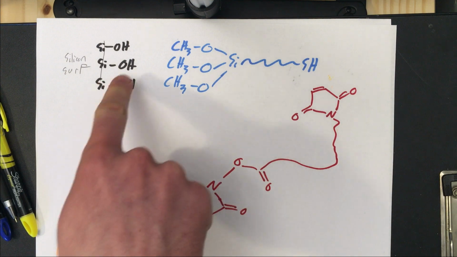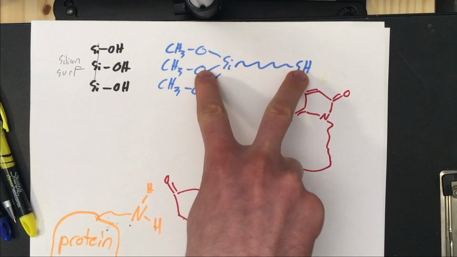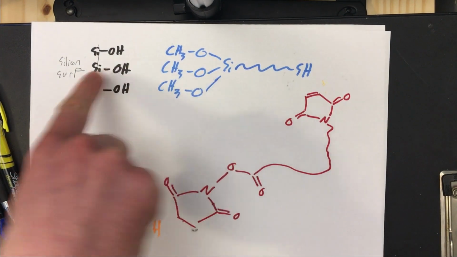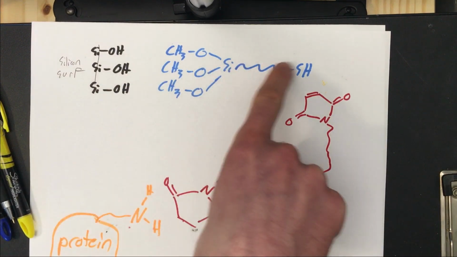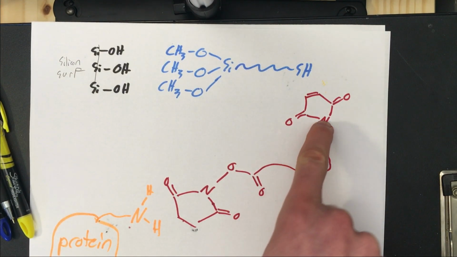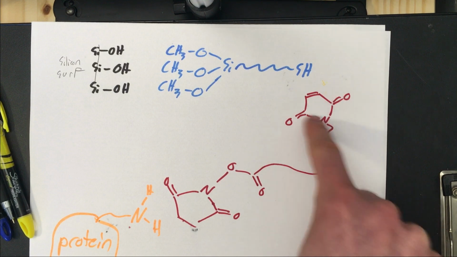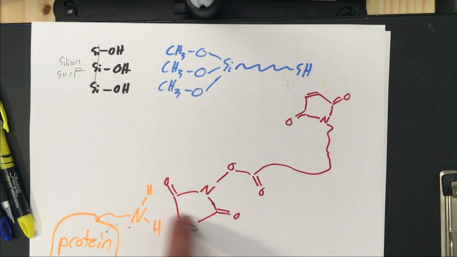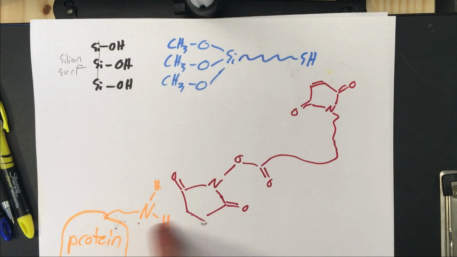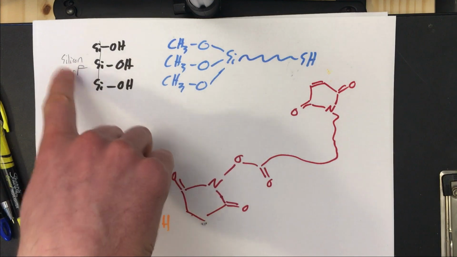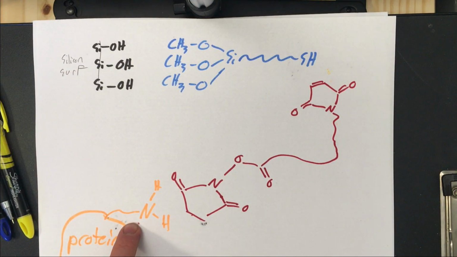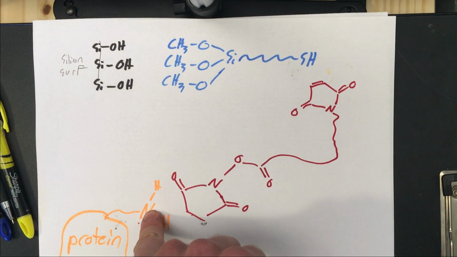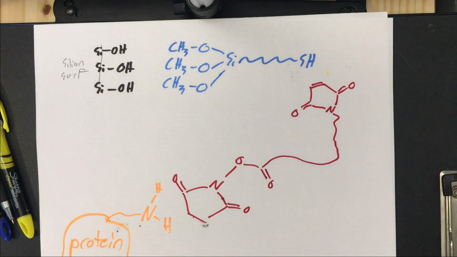So I could basically have my silicon surface, and I could put this molecule in blue on it, where one of the functional groups reacts with the silanol and the other can react with maleimide. Then I could have a molecule that has maleimide on one side and NHS on the other side, and the NHS on the other side would be free to react with the amine groups of the protein. And this would essentially allow the protein to have a bridge to this surface, even though amine groups wouldn't directly react with silanol.